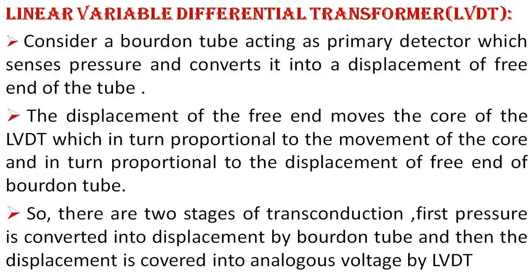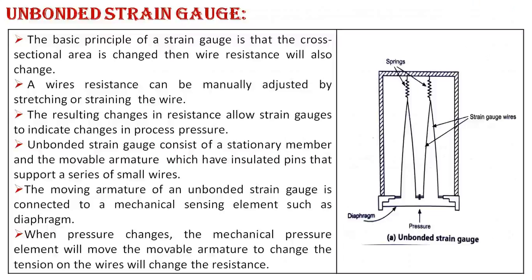So there are two stages of transduction. First, pressure is converted into displacement by the bourdon tube, and by the LVDT, the displacement is converted into an analog output voltage.